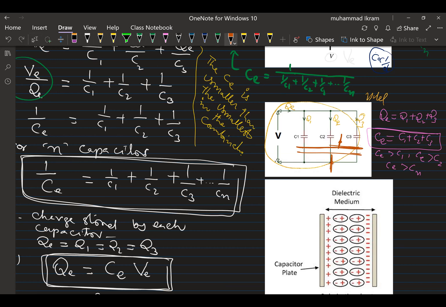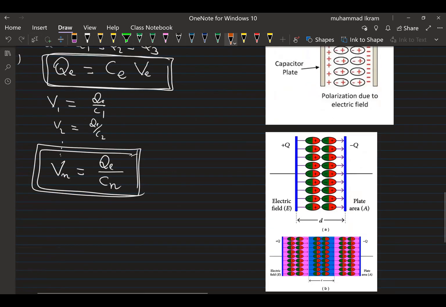Which thing has changed? Area. And you know that C is directly proportional to area. So this is one of the reasons that mathematics and physics support each other. This is why the equivalent capacitance is greater than the greatest capacitance in the circuit. The rest of the calculation you can do at your own convenience.